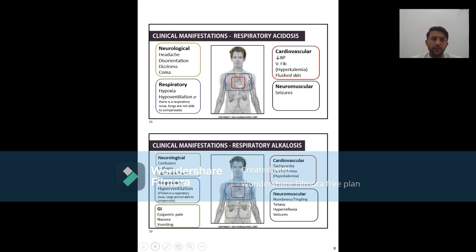In the GI system, epigastric pain, nausea, and vomiting are also associated with respiratory alkalosis. In the cardiovascular system, tachycardia and dysrhythmia are associated with hypokalemia. In the neuromuscular system, numbness, tingling, tetany, hyperreflexia, and seizure are also caused by respiratory alkalosis.